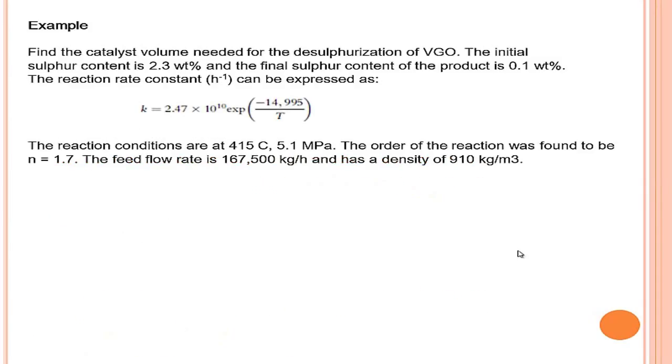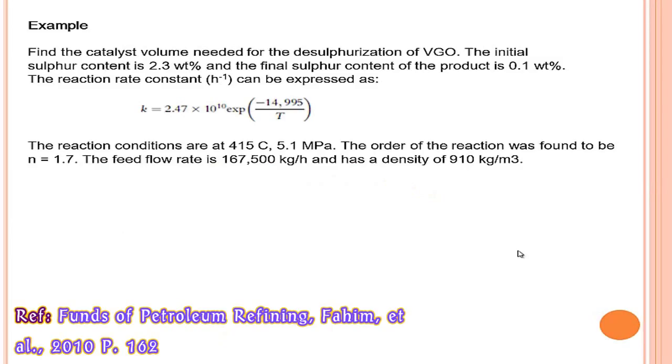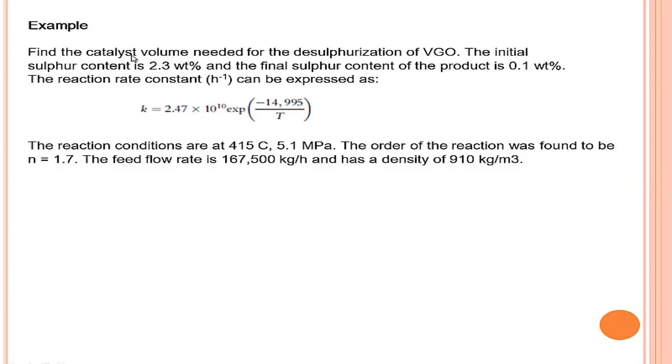This is another example that you should be able to estimate. We would like to ask you to find out how much catalyst volume is required for the hydrodesulfurization to reduce sulphur from 2.3 down to 0.1 weight percent.